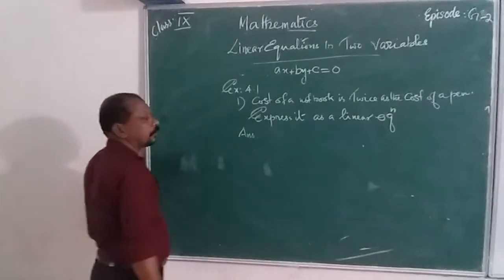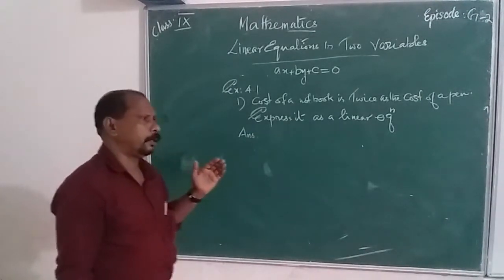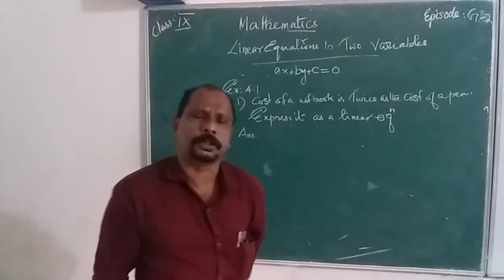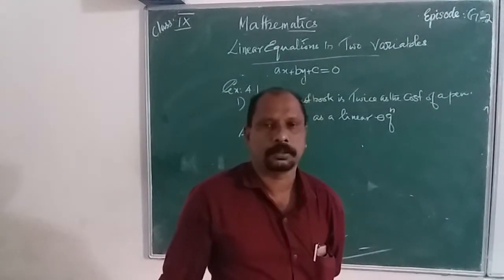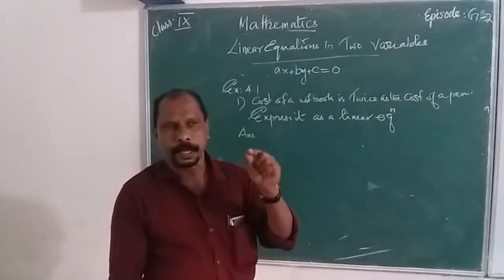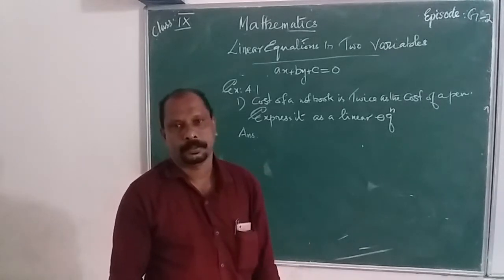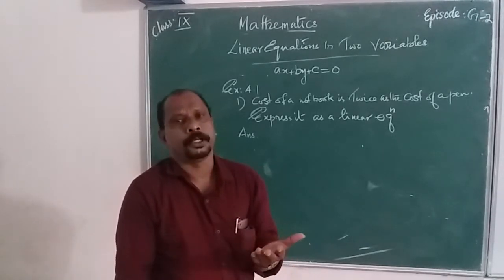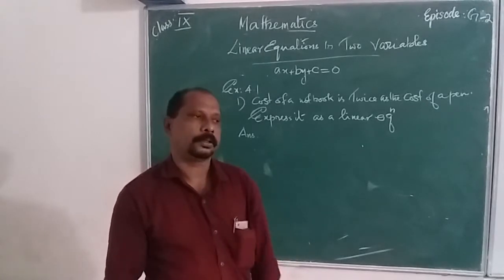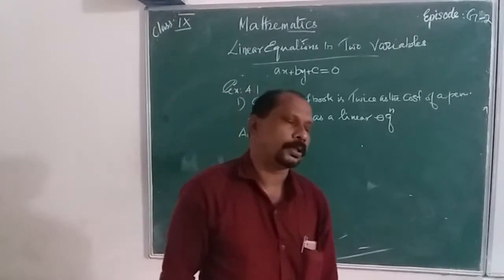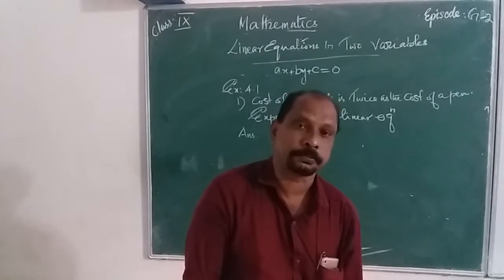Answer. We know that the price of notebook and also the price of pen are unknown. Then the price of notebook will be related to the price of pen. Therefore, the price of pen is not dependent, it is independent, and the price of notebook is dependent on the price of pen.